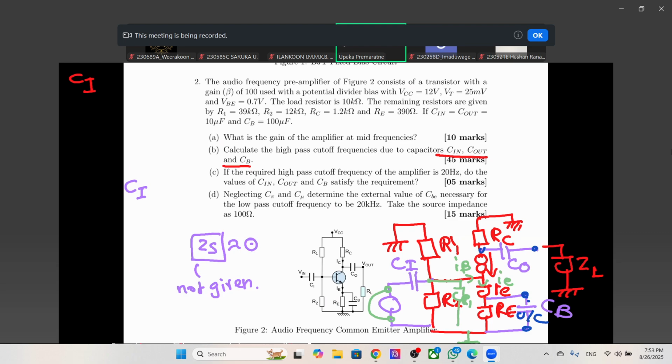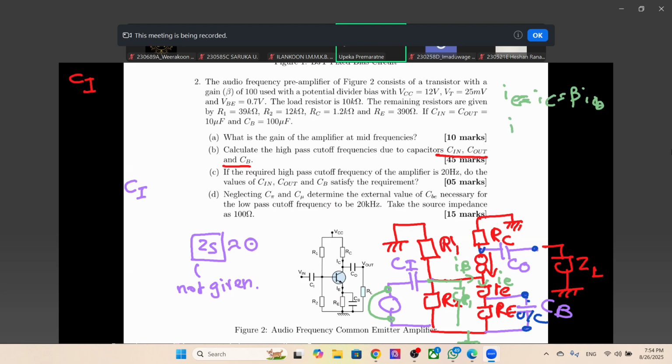So IE will approximately equal IC, which will approximately equal beta times IB.